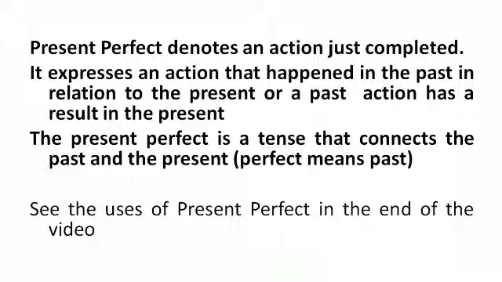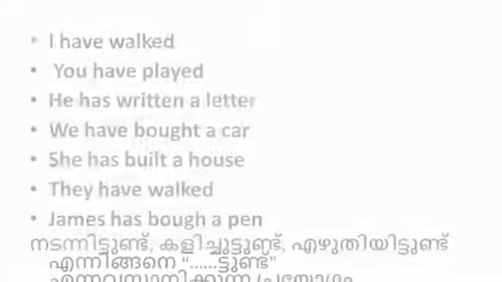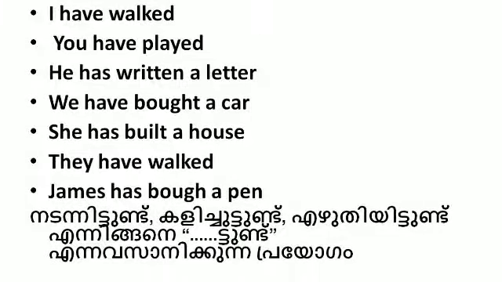It expresses an action that happened in the past in relation to the present, or a past action that has a result in the present. The present perfect is a tense that connects the past and the present. We can see all of the uses of the present perfect tense at the end of this video.